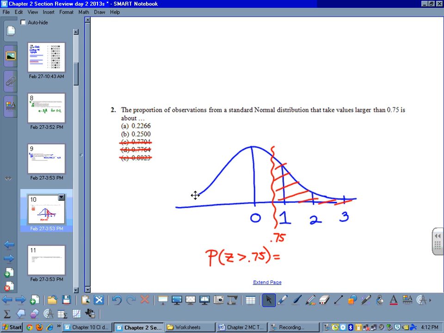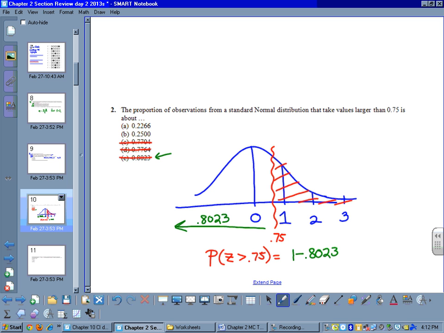If you take a look on your table, which sadly I don't have to go to, 0.75 is at 0.8023 for this way. That's why they gave that last one as a distractor. But we want the other side, so we have to do 1 minus 0.8023.